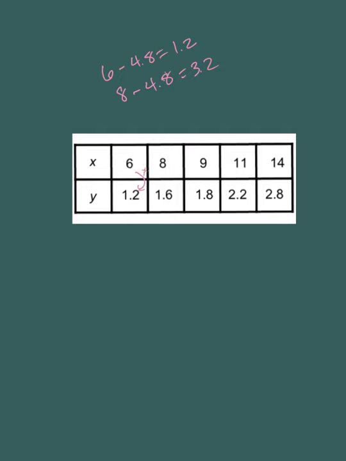So that means I'm multiplying it by 2/10. So I need to double check that that works here too. So I'm going to do 8 times 2/10 and see if I get 1 6/10. And 8 times 2 is 16, 1 decimal point. Yep, that works. Same here. I'm multiplying by 2/10. So that means my equation is going to be y equals 2/10 x.